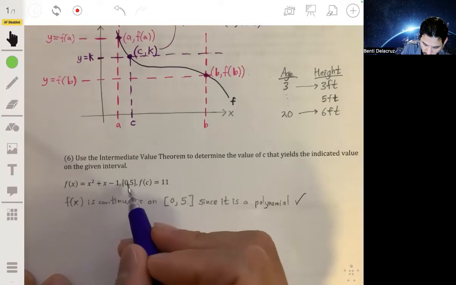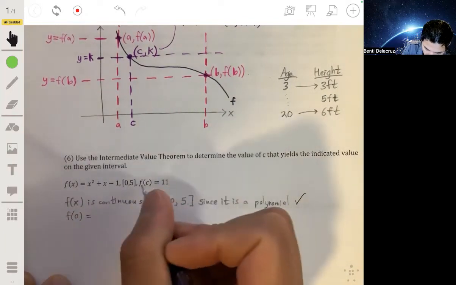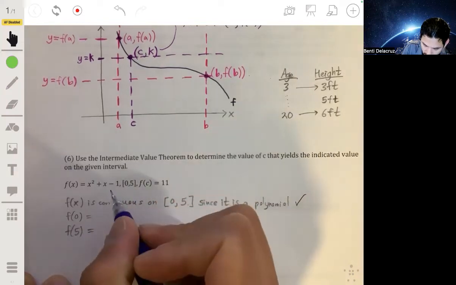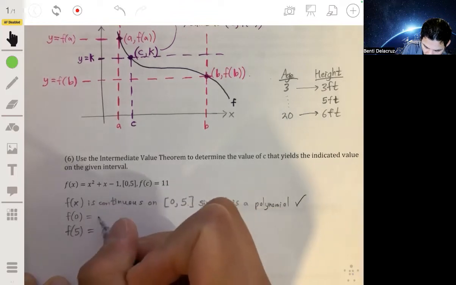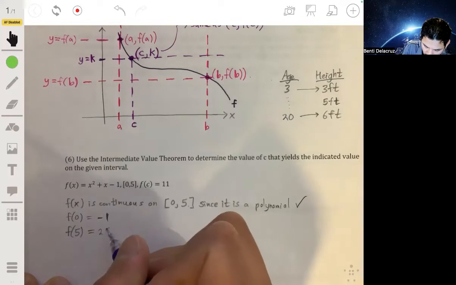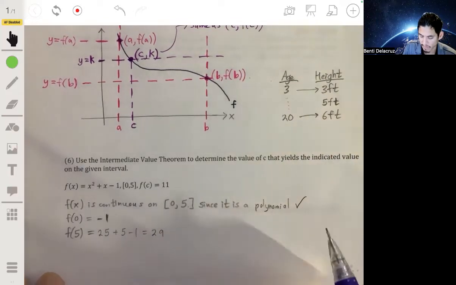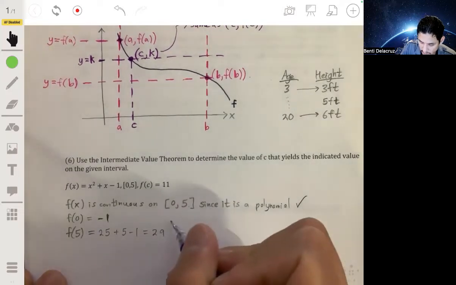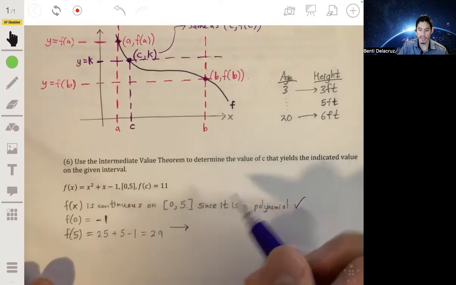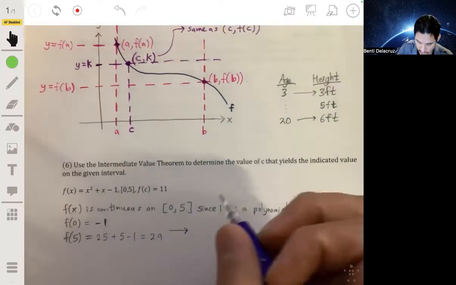So f of a would be f of 0, and f of b would be f of 5. So we plug 0 in here, and we would get -1. Plug 5 in here, you would get 25 plus 5 minus 1, which is 29. And so then you can say that f of a and f of b are not equal, since -1 is not equal to 29.